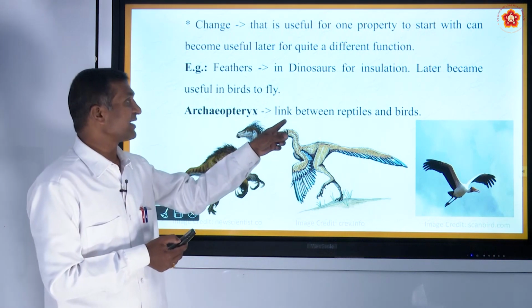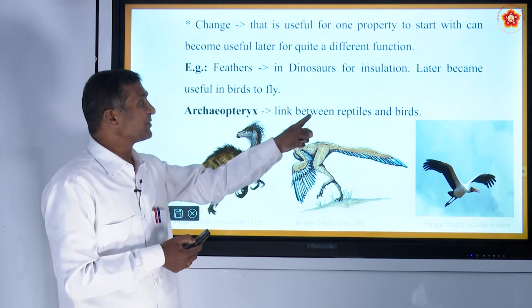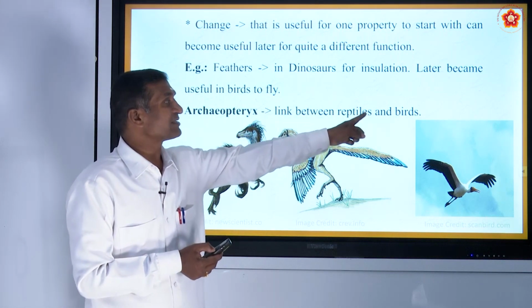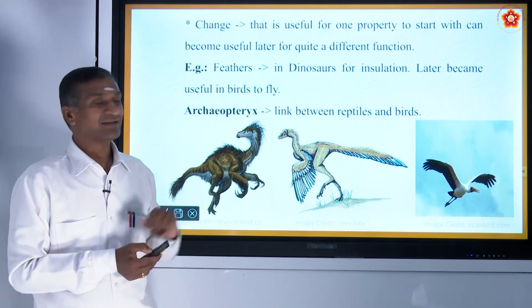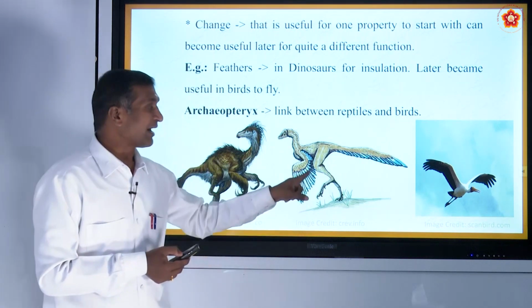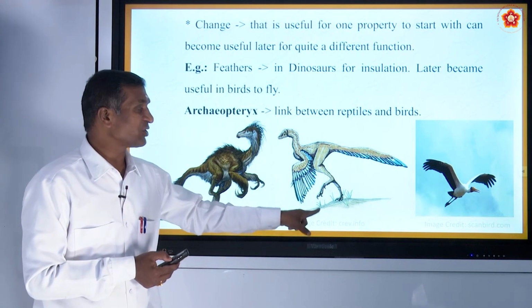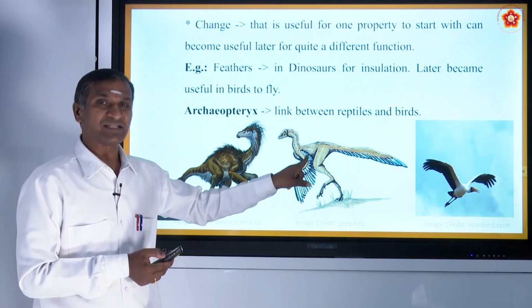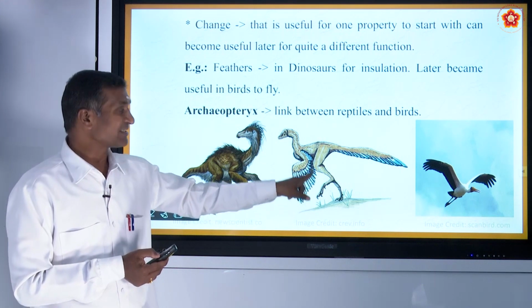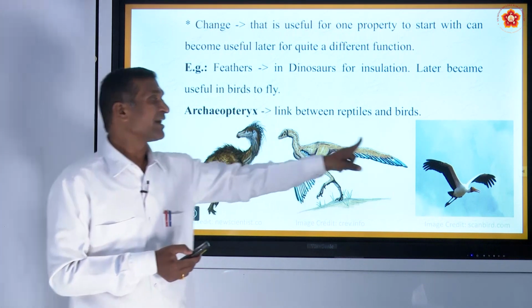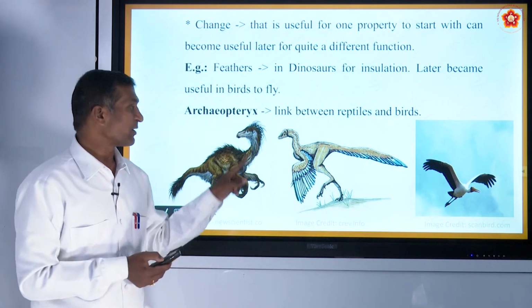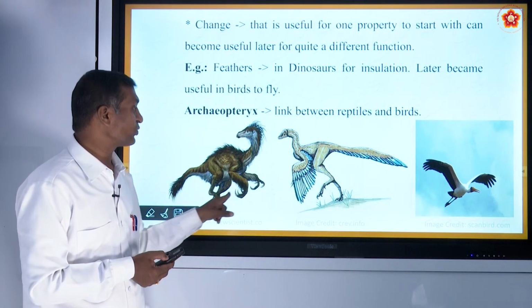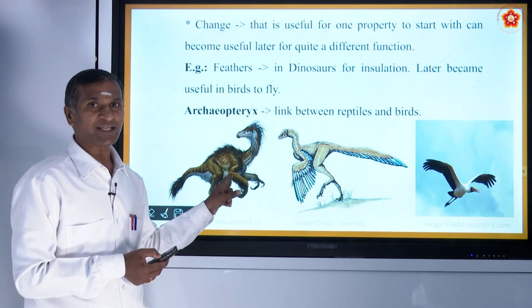Here you can see that it is a link between the reptiles and birds. Dinosaurs are reptiles. These are birds. Archaeopteryx, which you are seeing in the middle of the picture, is a link between reptiles and the birds. Why? If you observe here, feathers are scattered throughout the body for insulation.